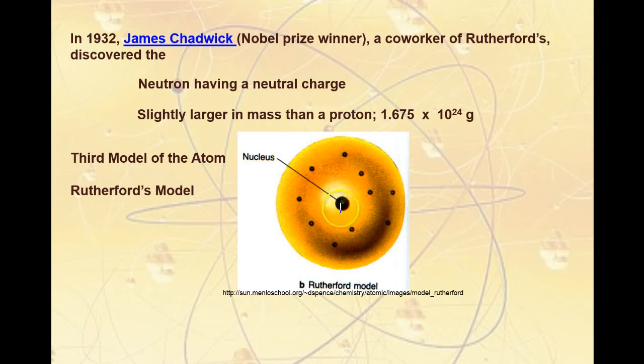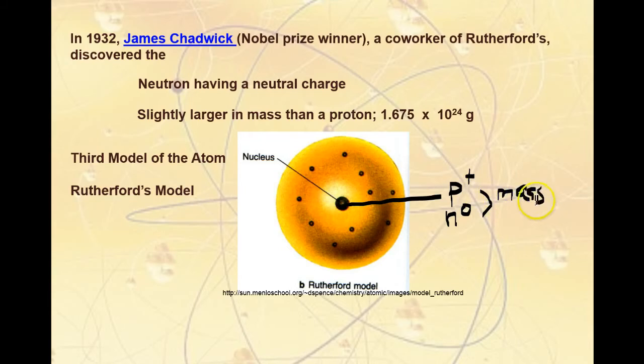You have a small, dense nucleus, and in that small, dense nucleus you have the protons, which we show as a P with a positive charge. You have the neutrons, which we show as N, and a superscripted 0 showing that it has no charge. This gives us the mass of the atom.